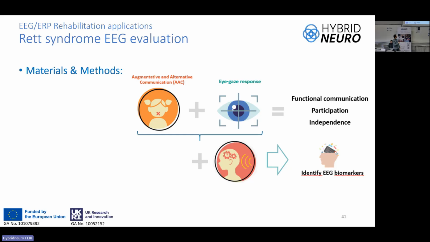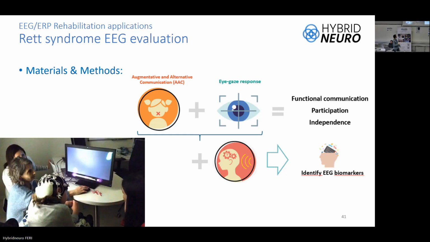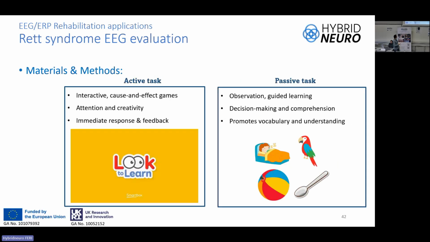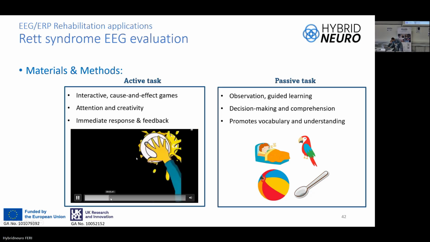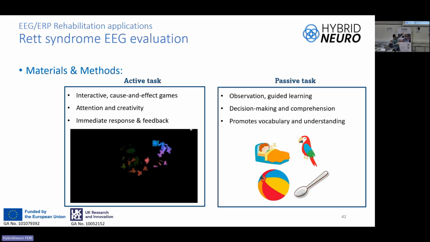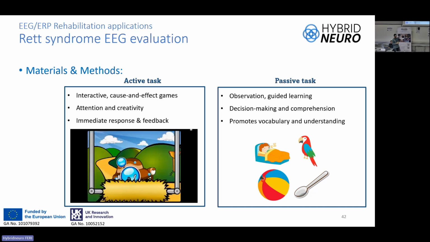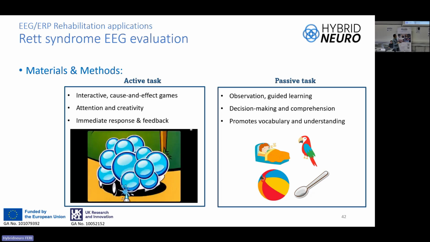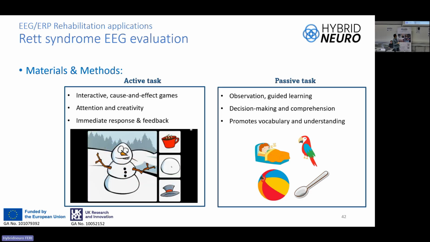When we are performing this approach, we are registering the EEG data. This is an example of the approach, and we have an active task and also a passive task. The active task, for example: an image appears, and these girls, following by the eye gaze, can move along the task.